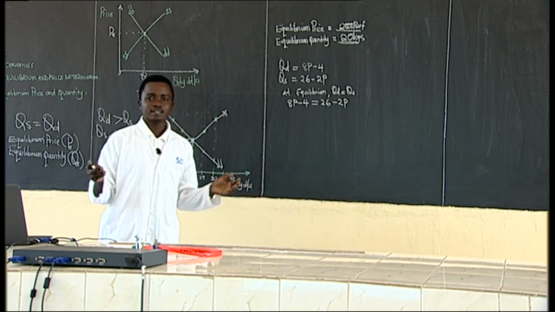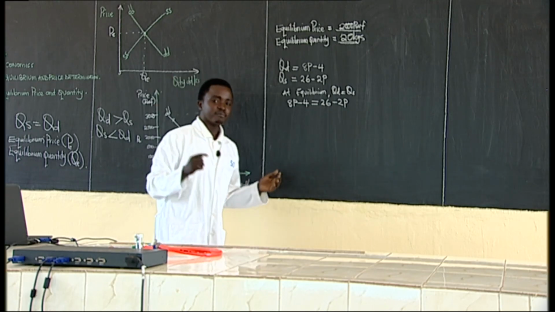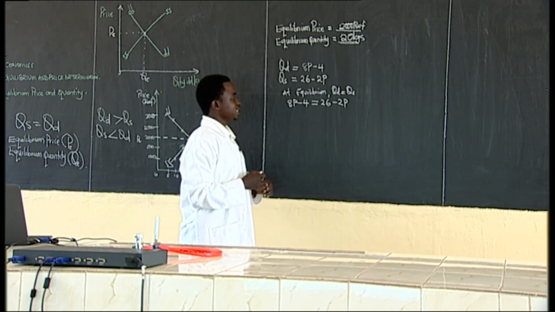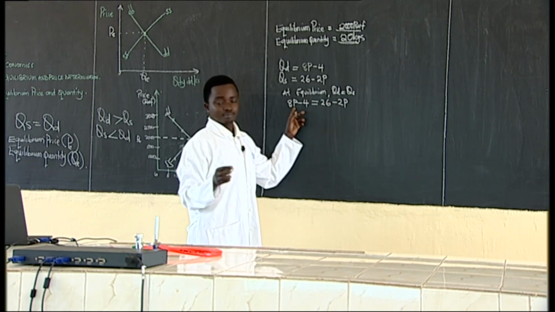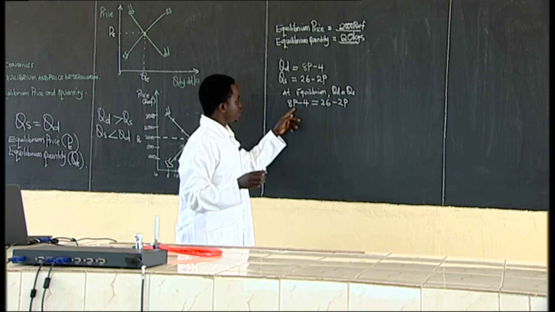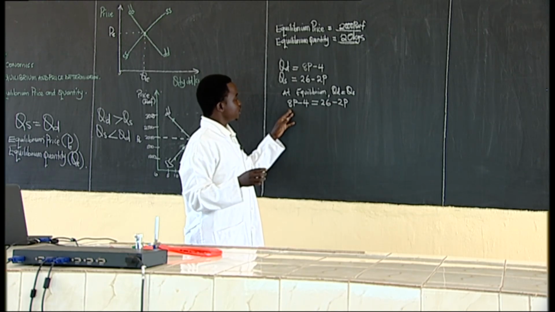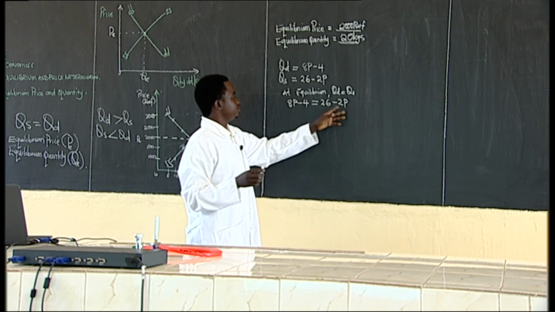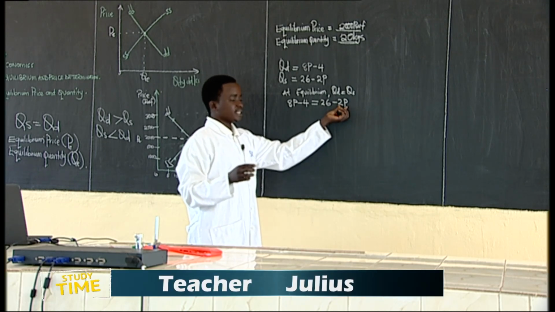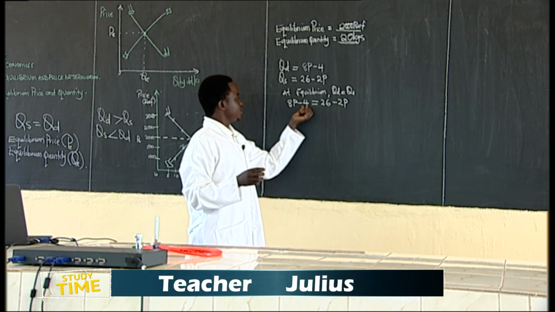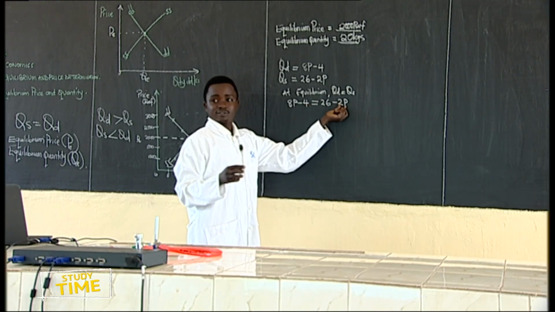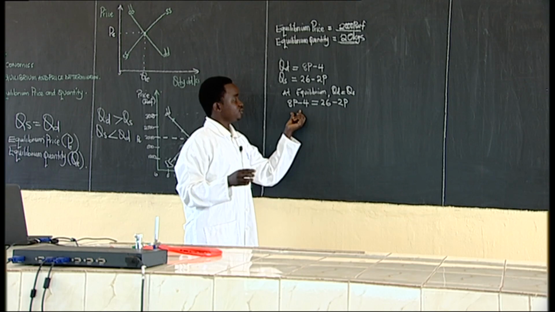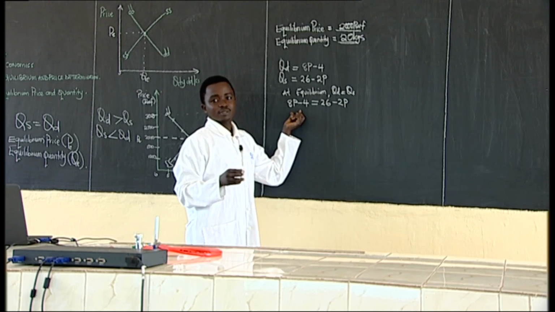So here you have to apply some simple mathematics. You collect like terms, then you solve for the value of P, which will be our equilibrium price. You can bring minus 2P to this side, then you take negative 4 to the other side. If a negative crosses the equal sign, it becomes a positive.